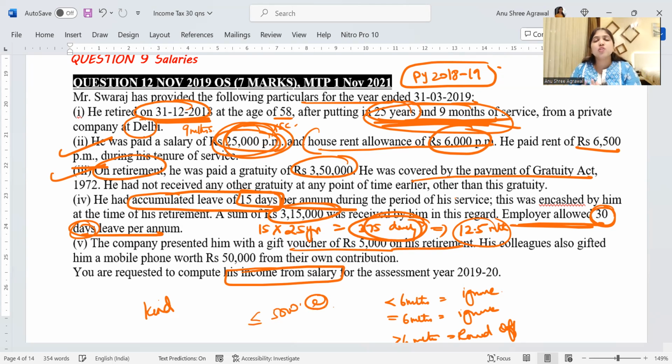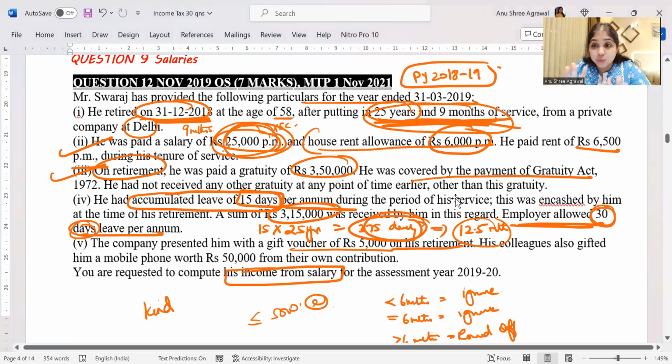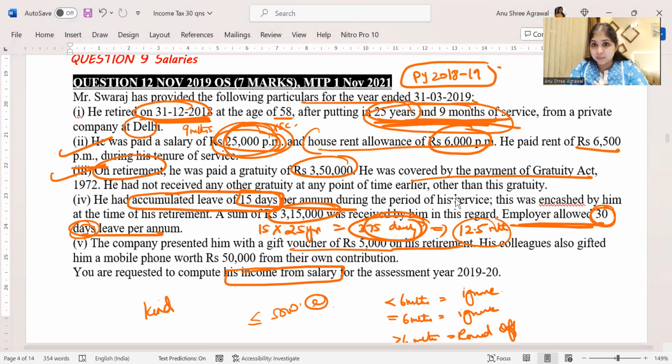See, actually, if you notice your study material, and even if you look at the Income Tax Act, they say that if the gift in kind is less than 5,000, it is exempt. That's what they say. Even in our study material, they say if it is less than 5,000, it is exempt, which means equal to 5,000 should be taxable. Don't you think? But then, if you look at all the illustrations, all the suggested answers, all the RTPs, what view do they follow?